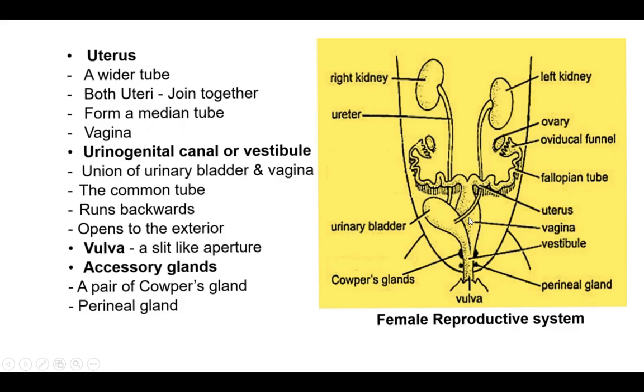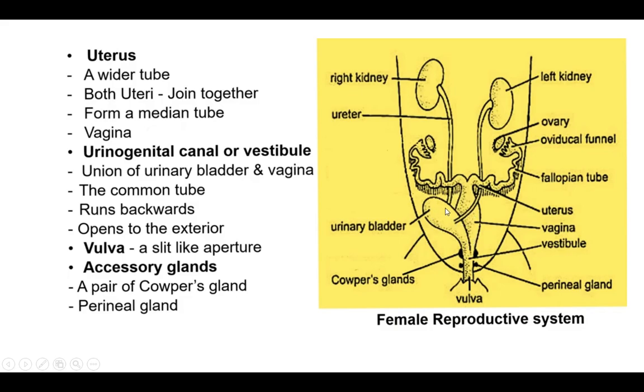And then the urinogenital canal or vestibule. What is that? The union of the urinary bladder, where urine is collected, and the vagina. Can you notice the vagina and urinary bladder are united in this area?